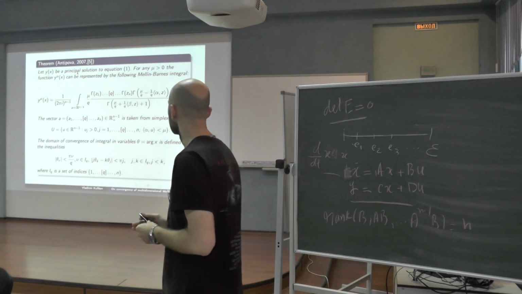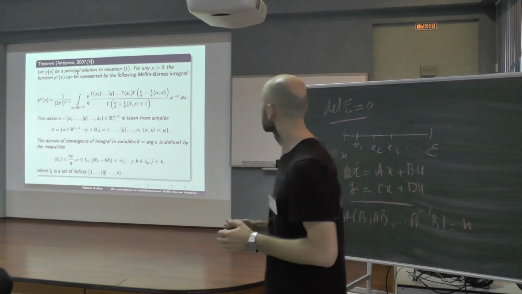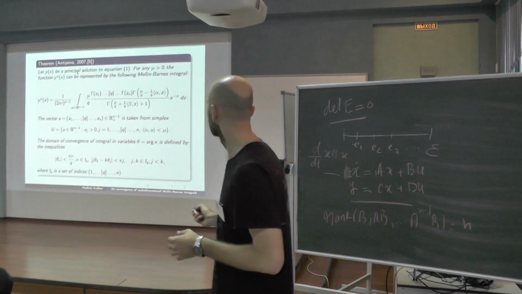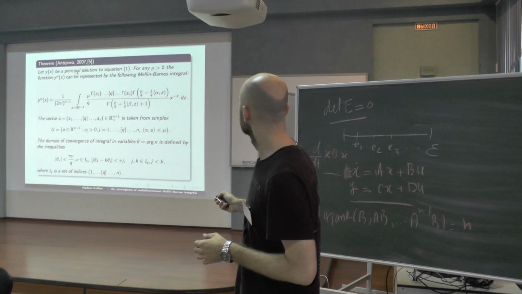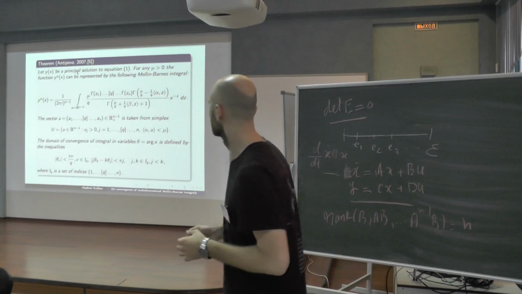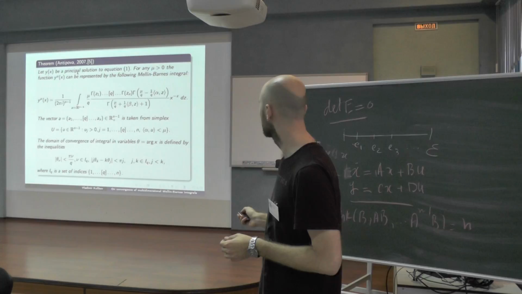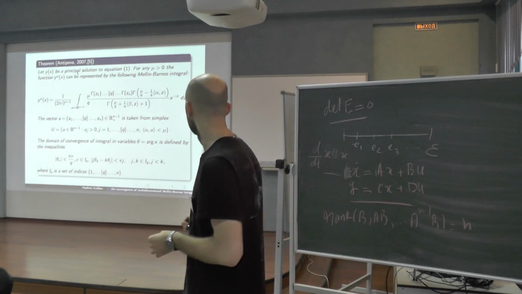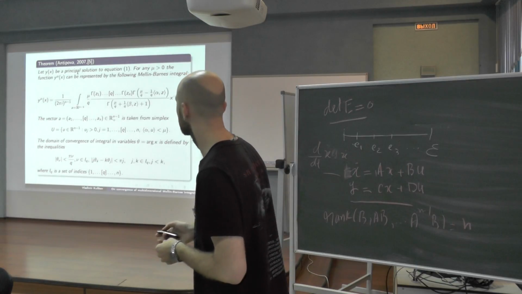Let y be a principal solution of equation 1, and for any mu greater than 0, the function y can be represented by the following Mellin-Barnes integral. The vector r is taken from simplex U. The domain of this integral in variables theta, which equal arguments of x, is defined by these inequalities.